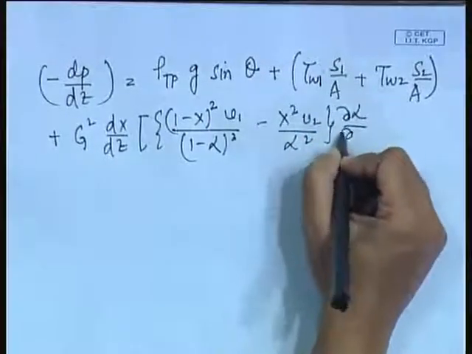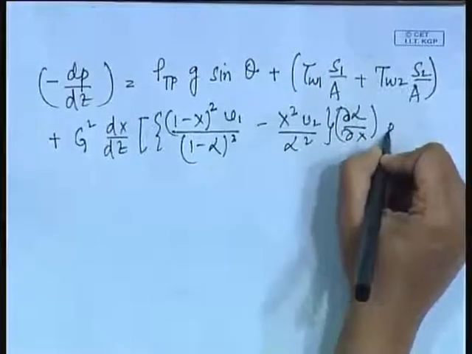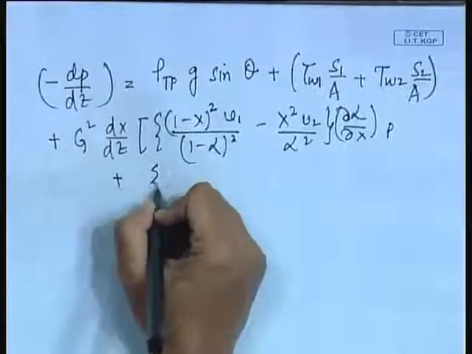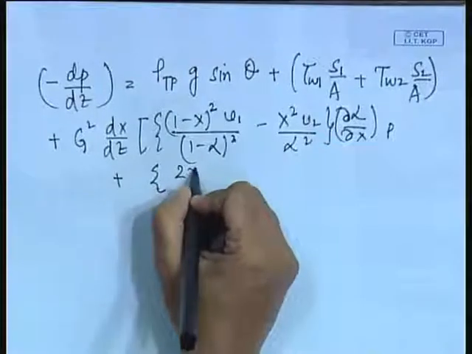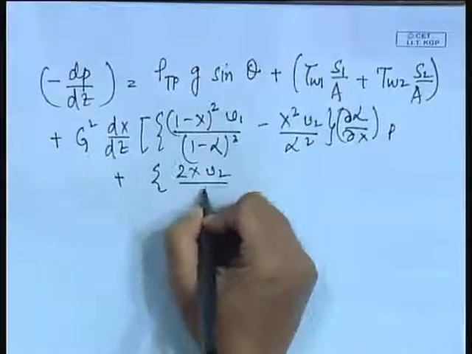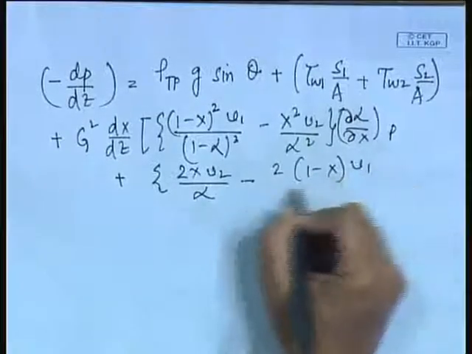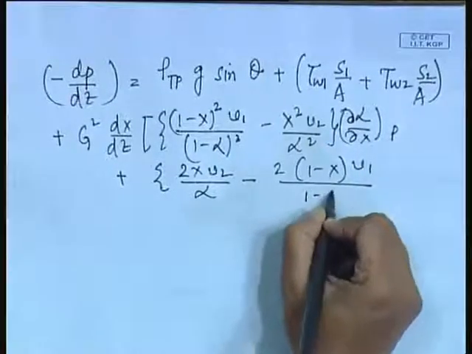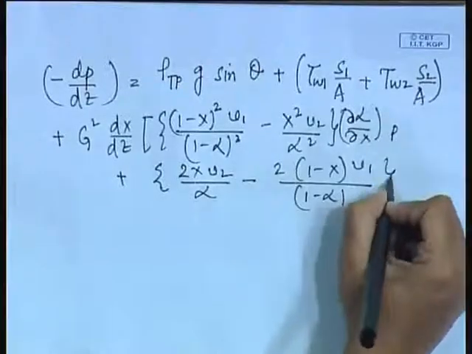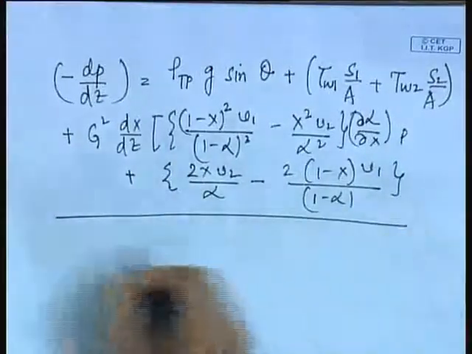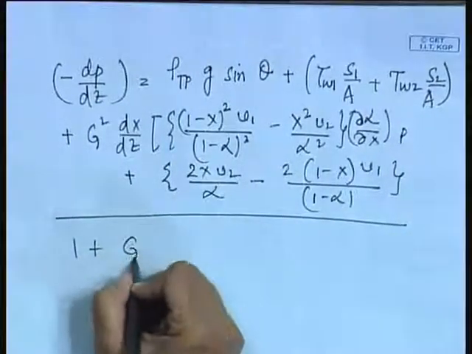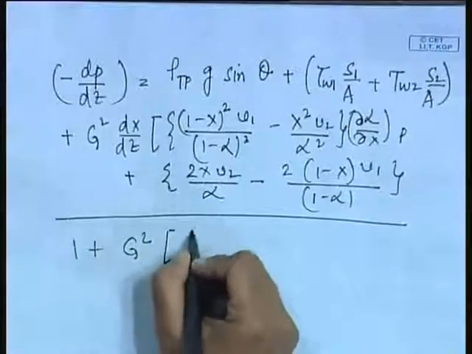Del alpha del x at constant p plus 2x v2 by alpha minus 2 into 1 minus x v1 by 1 minus alpha, divided by 1 plus G squared, whatever was there.